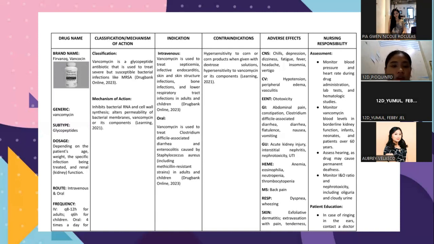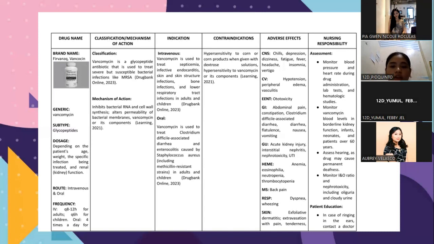So the adverse effects of this are, in the central nervous system: chills, depression, dizziness, fatigue, fever, headache, insomnia, and vertigo. In cardiovascular: hypotension, peripheral edema, and vasculitis. In eyes, ears, nose, and throat: ototoxicity. In gastrointestinal: abdominal pain, constipation, Clostridium difficile-associated diarrhea, flatulence, nausea, and vomiting.